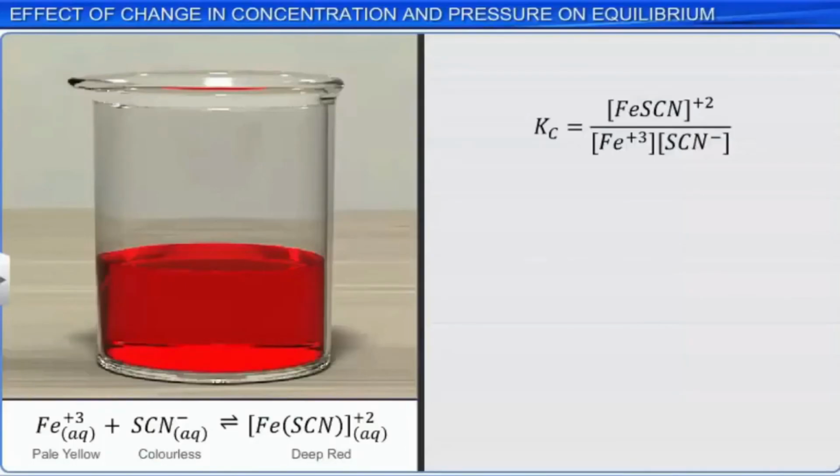The equilibrium constant, Kc, for this reaction can be written as Kc is equal to concentration of FeSCN+2 divided by the product of concentrations of Fe+3 and SCN-. You have already learned that at equilibrium, reaction quotient Qc becomes equal to equilibrium constant Kc. Hence, you can write Qc is equal to Kc at equilibrium.